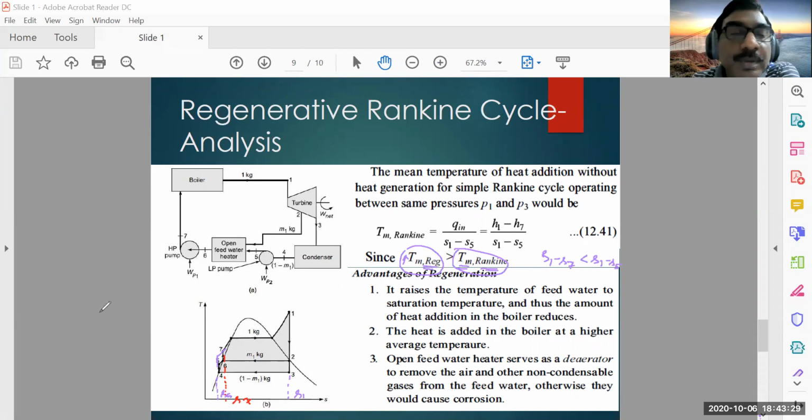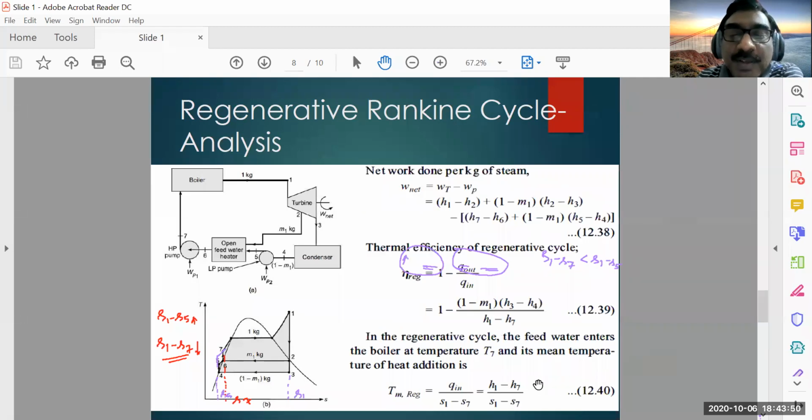Okay, so S1 minus S5 is there and S1 minus S7 is there. So this is lesser and this is greater. You can see here, if this quantity is more, this quantity is less. If this quantity is less, Tm will be more. So here this is the lesser quantity, so the mean temperature of heat addition will be higher.